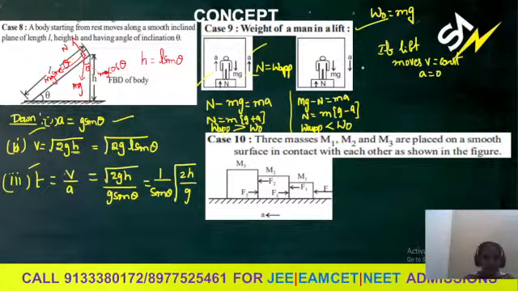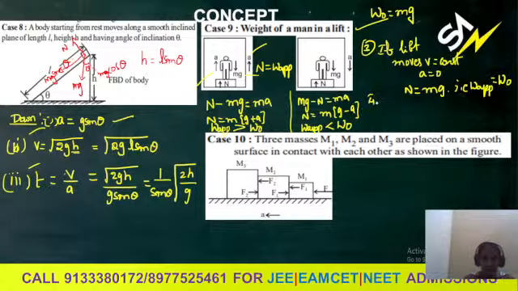Then the resultant force, whether it moves up or down, with constant speed, acceleration 0, N will be equal to mg. Means the apparent weight will be equal to true weight. This is the third situation for the weight of a man in a lift.